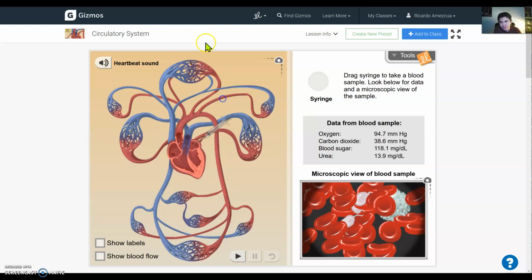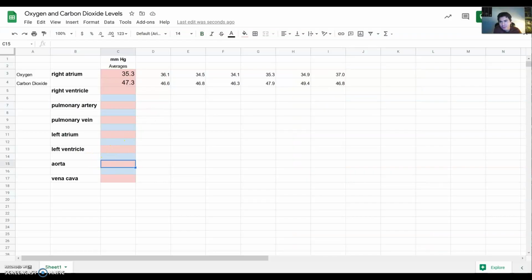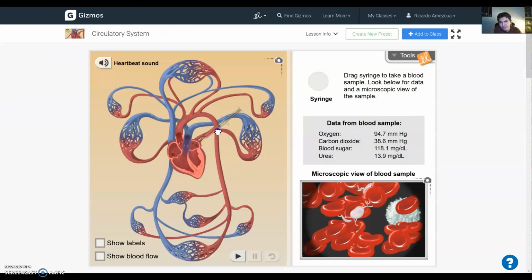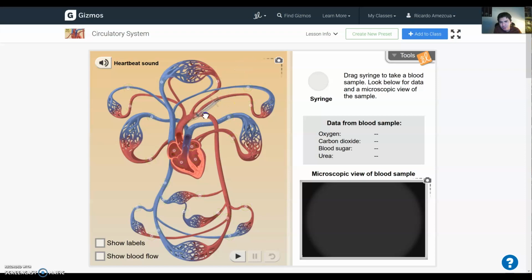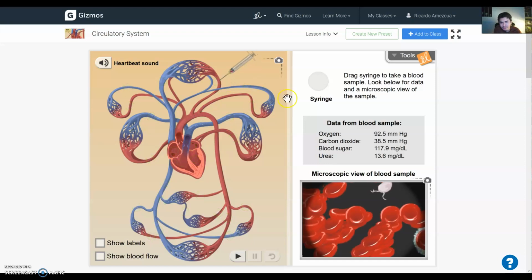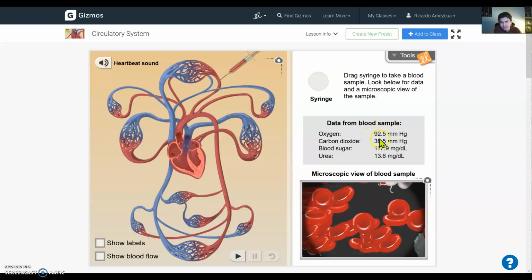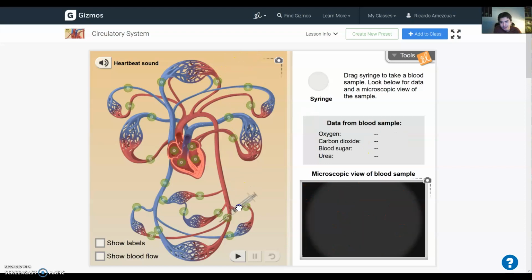into the aorta. So when you're looking at the aorta, you can just take measurements from anywhere that represents the outflow of oxygenated blood, which could be somewhere here. You'll notice there's a lot more oxygen than carbon dioxide. Could be here, here, here, or here.